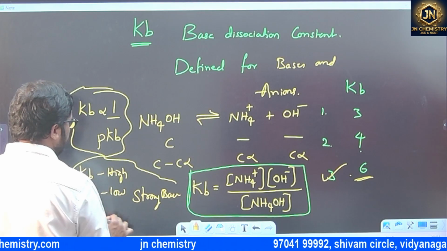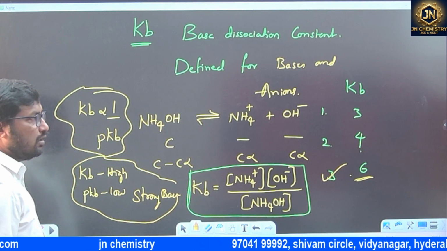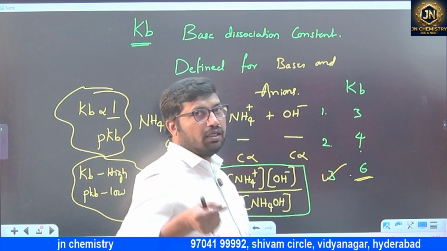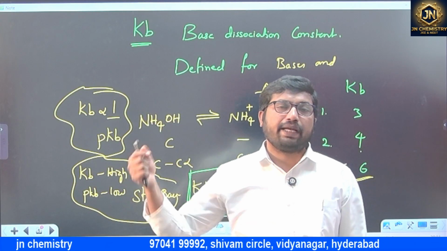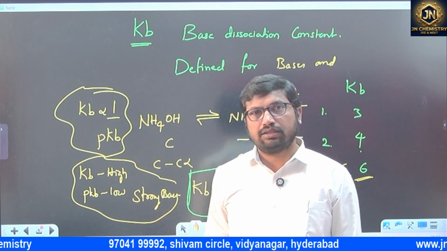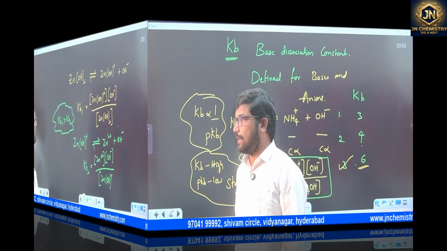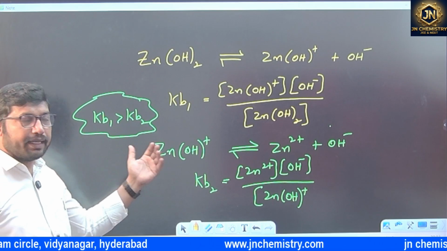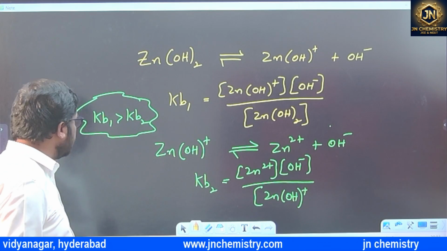Exactly opposite: Kb is low, pKb is high. That is a weak base. So Kb1 is greater than Kb2, of course I already discussed this.